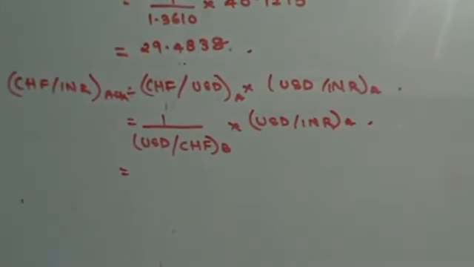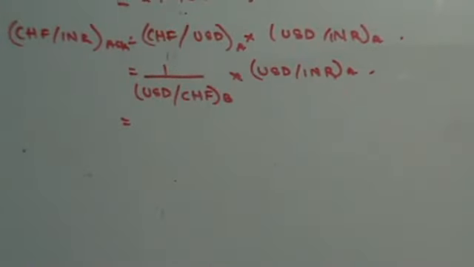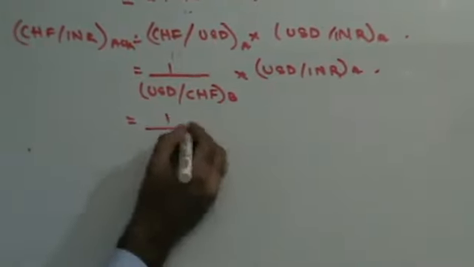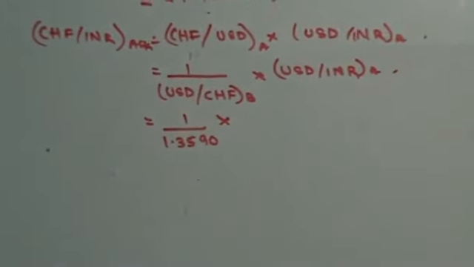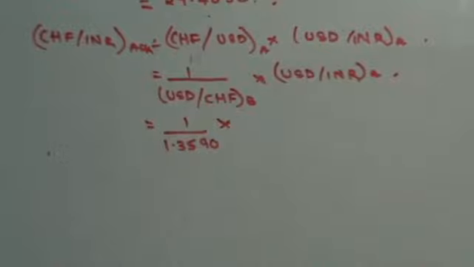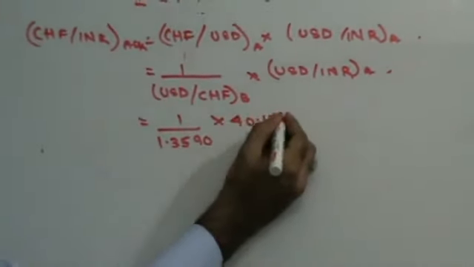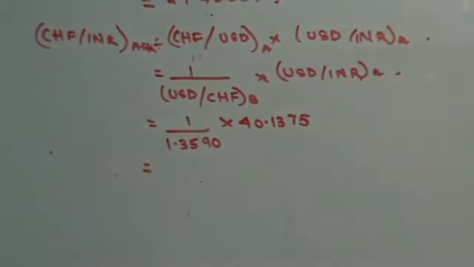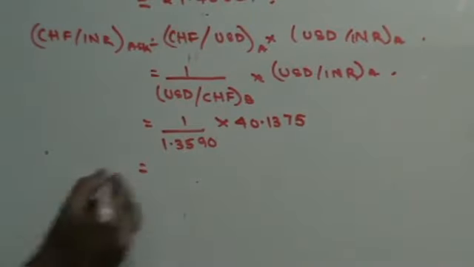USD CHF bid 1 month forward is 1.3590. USD INR ask 1 month forward is 40.1375. Right? So when you solve this, this should come to 29.5346.